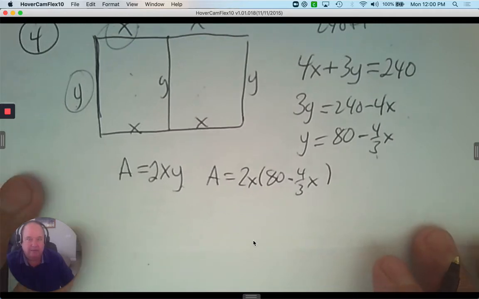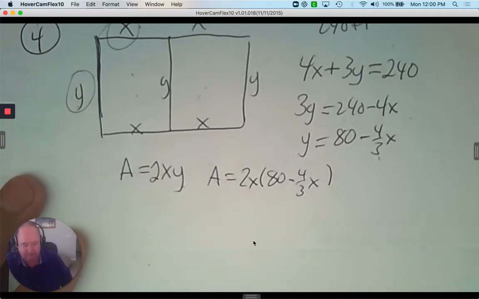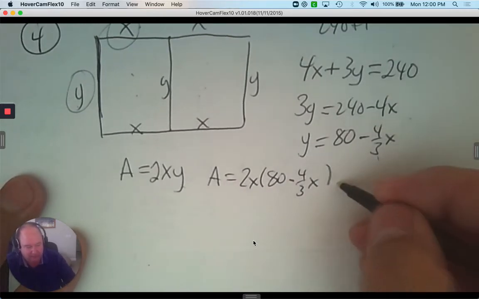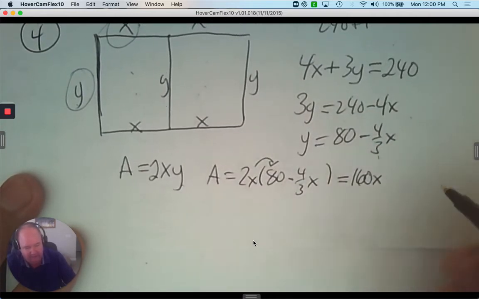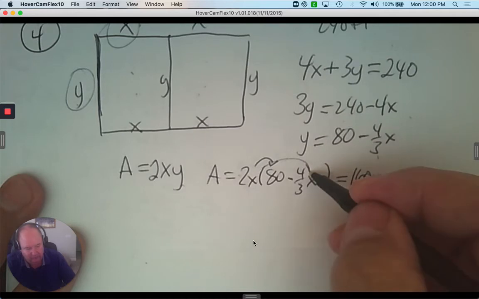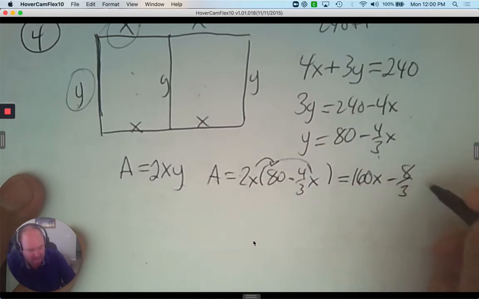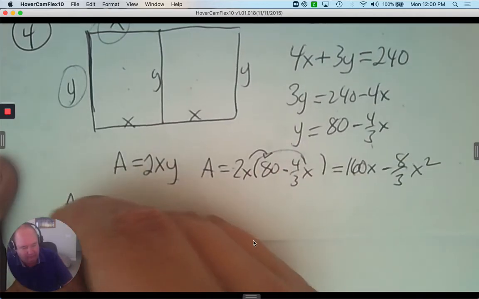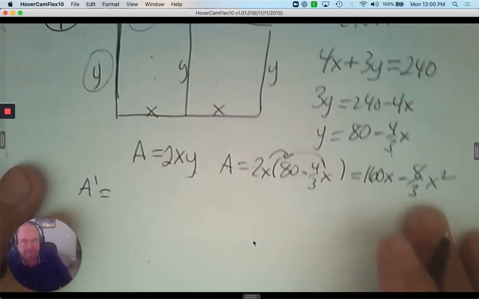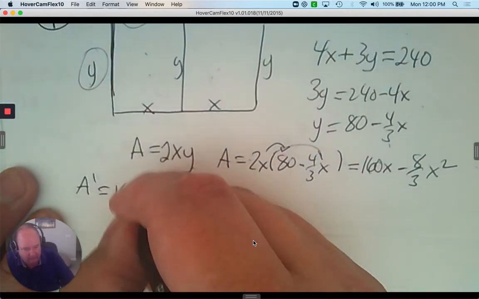All right, now we can take the derivative and do that work to be able to find what I'm looking for. But first I'm going to distribute to make it easier. So it's 160x. Distribute again. 2 times 4 is 8, and it's x squared. So that when I distribute, taking the derivative then becomes a lot easier. So that's 160. Subtract.